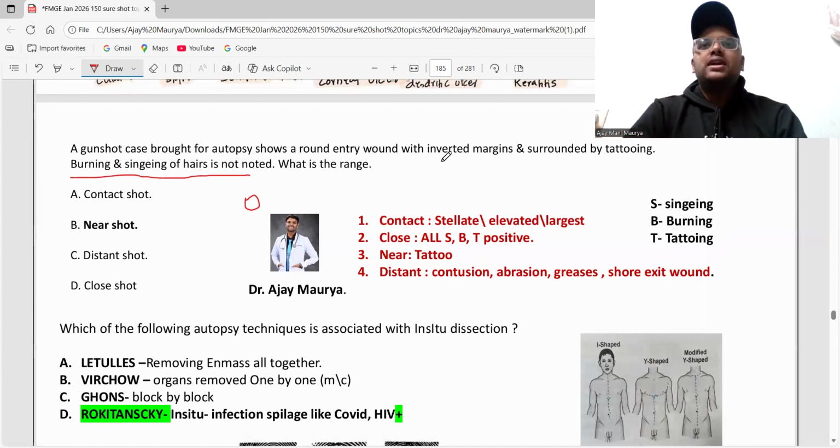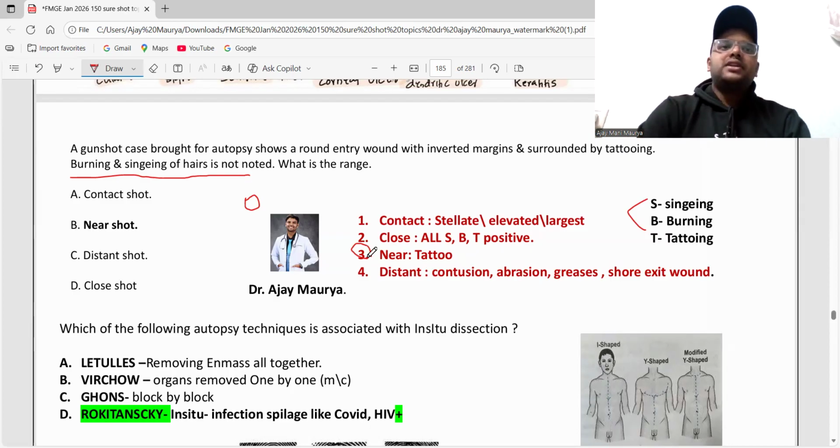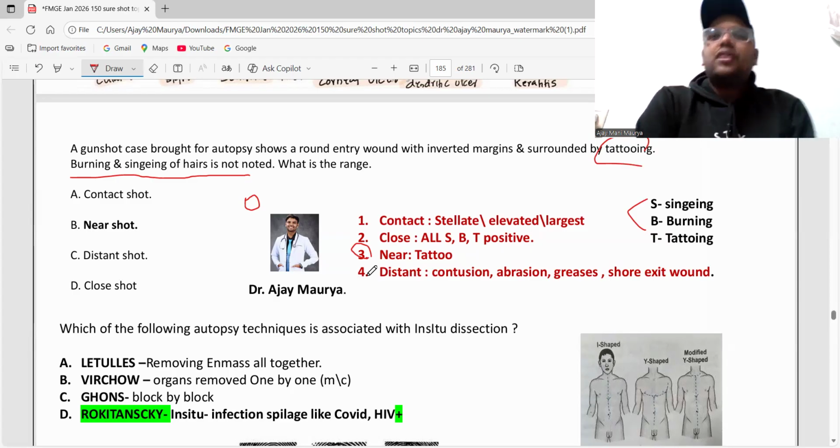SBT means singeing and burning are not present, meaning this is a near shot. In a near shot only tattooing is present. When tattooing is present but there is no burning and singeing, it is a near shot. Always see what the question is asking.